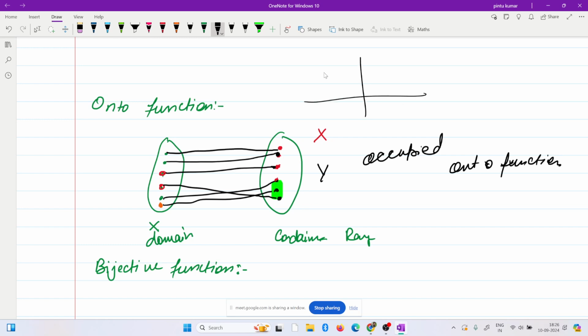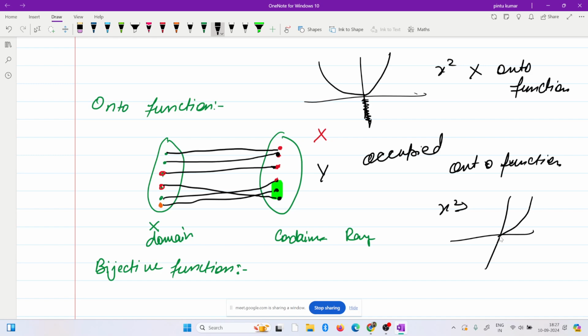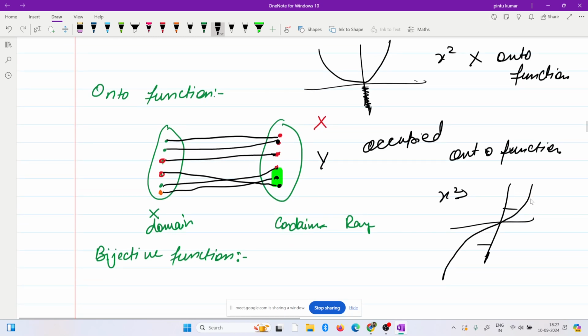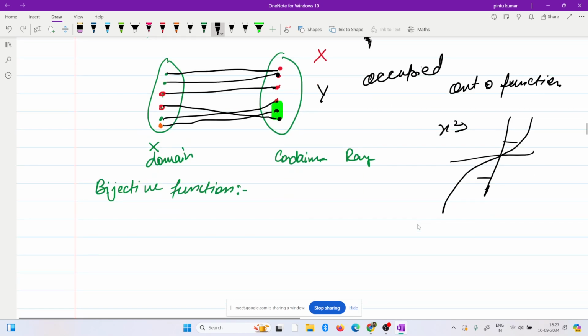For example, consider x square. If you consider this negative y direction, you don't have any pre-image, so x square is not an onto function. Whereas if you take x cube, your curve would look something like this, and you have a pre-image for every y, so this is an onto function.